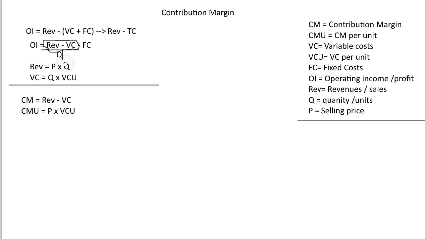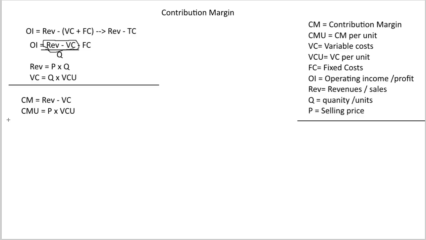Now, if we divide it by the quantity, we know that price times quantity is the revenue, so you're left with price. And we know that the variable cost is quantity times your variable cost per unit. So we're left with the variable cost per unit. So that's why it logically makes sense, which is why the algebra is very important.